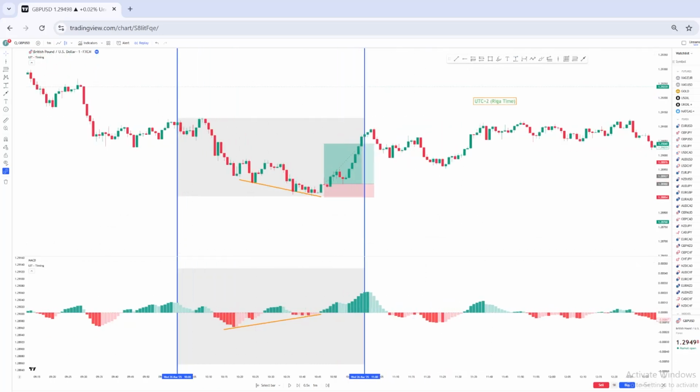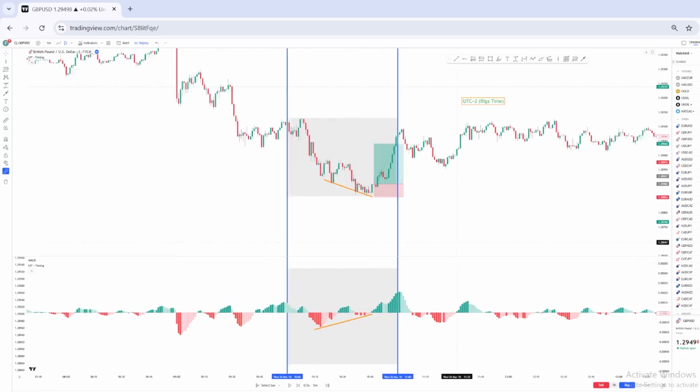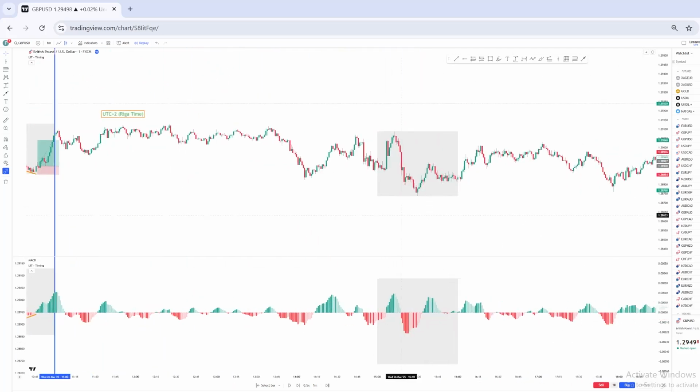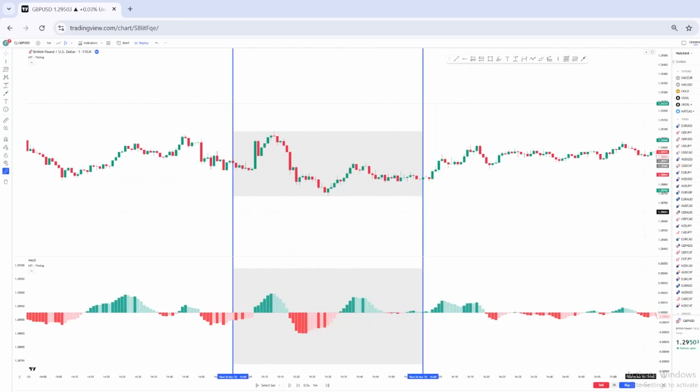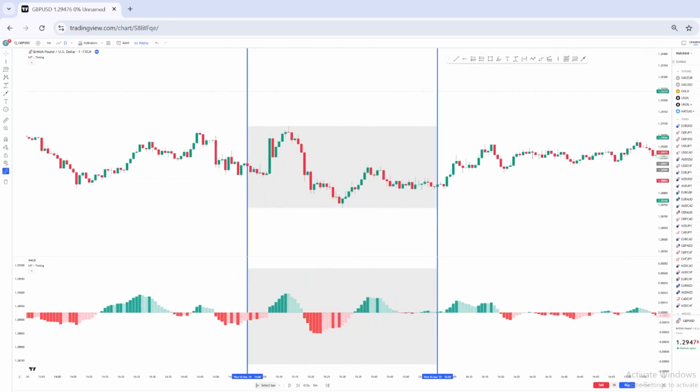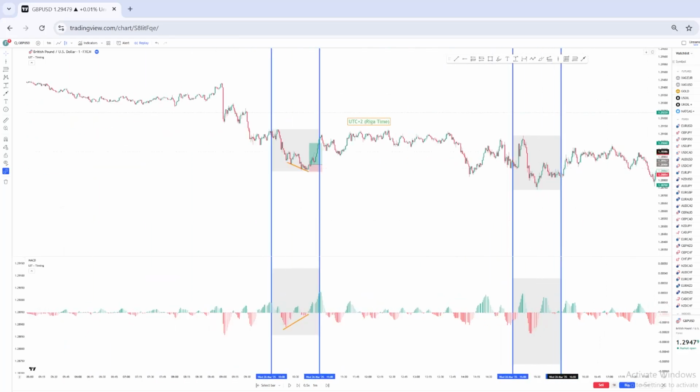So this is from 10 a.m. till 11 a.m. and this here, the New York session, it is from 15 or 3 p.m. till 4 p.m. So these are the only times that we are going to trade in.